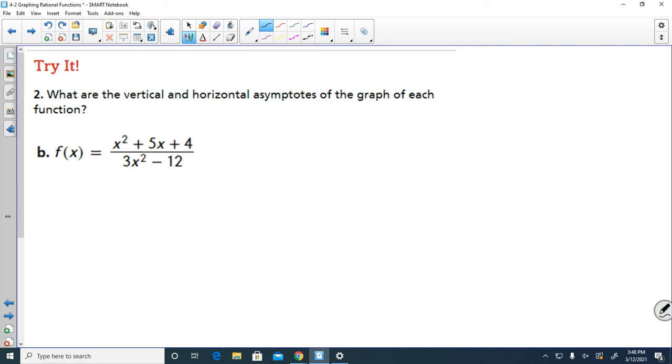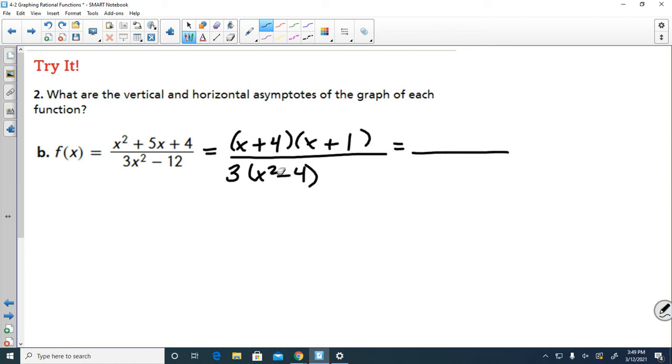So in part B, I have this rational function. I do want to factor the numerator and denominator to make sure that I don't have any holes in my function. So let's go ahead and factor the numerator, and then we'll factor the denominator. In the denominator, I could factor out a 3 and be left with x squared minus 4.